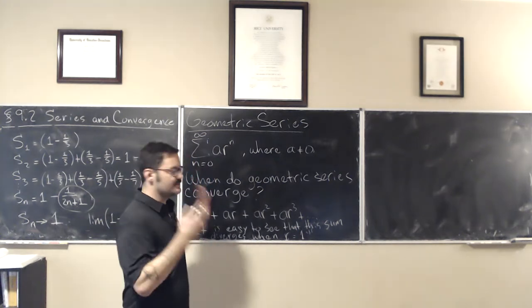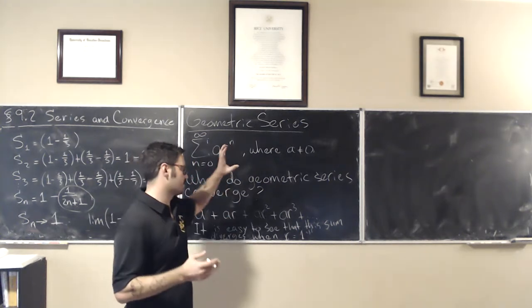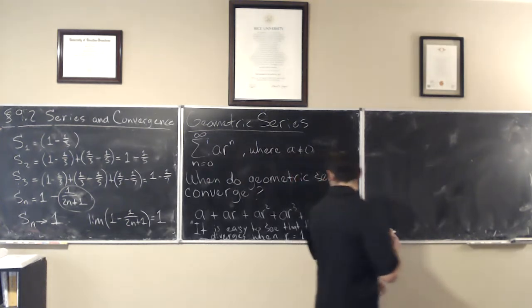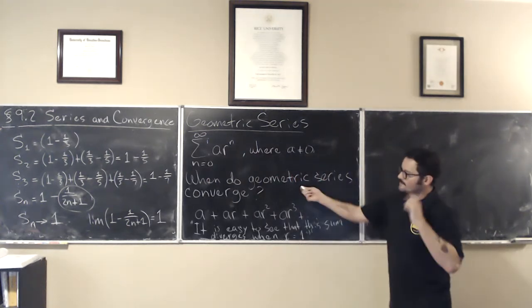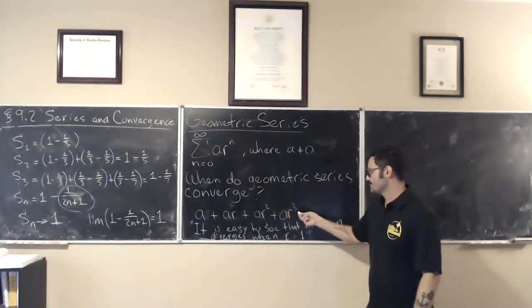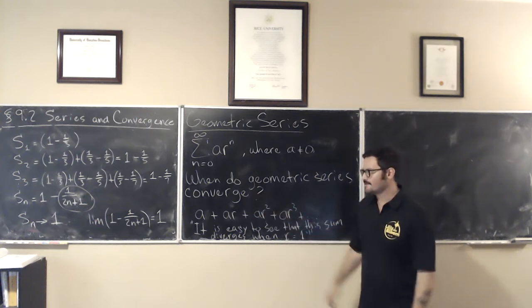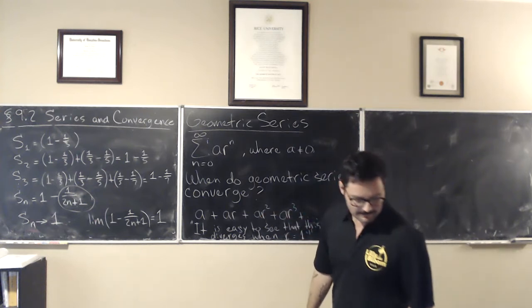It is true, but it's a different branch of mathematics than what we're doing. So, just had to state that. Okay, but let's just take our definition. If r is equal to 1, we're adding a infinite times, it's not going to converge to anything.